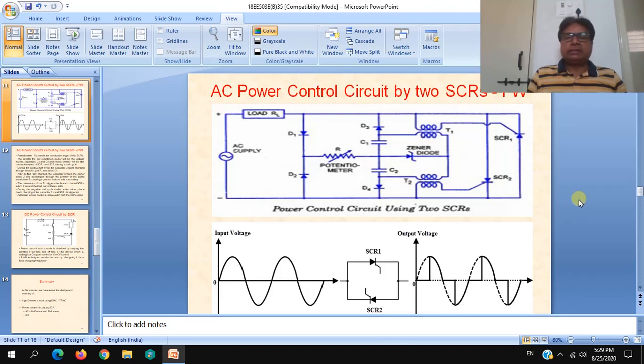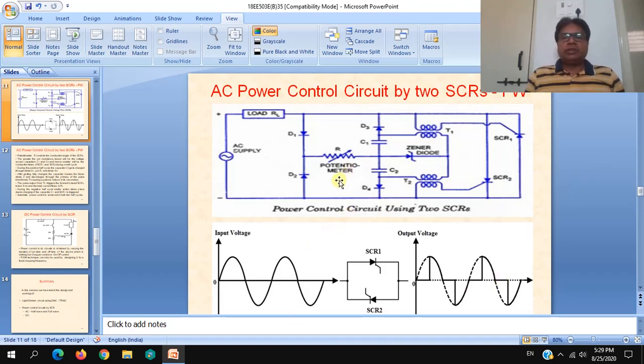In both cases, the potentiometer, or this knob or regulator, has to be changed for power control. In all the cases, this is what we have to do: adjust the value of the potentiometer or resistance, or simply we will be using the resistance triggering method for the phase control technique or firing angle control in all the cases of power control.